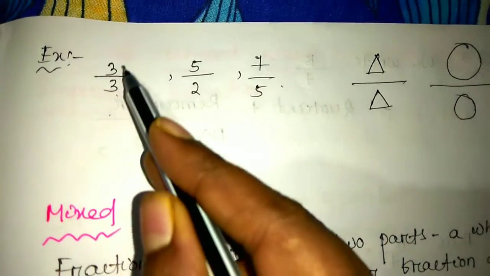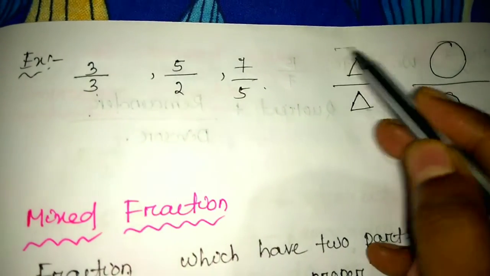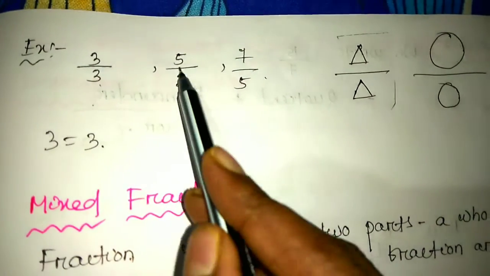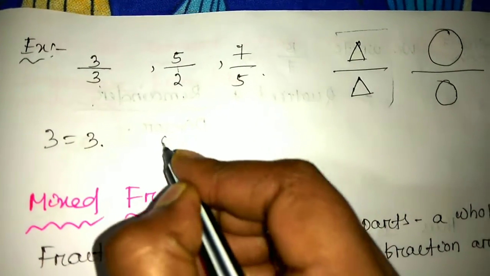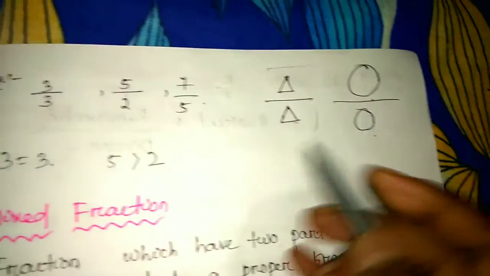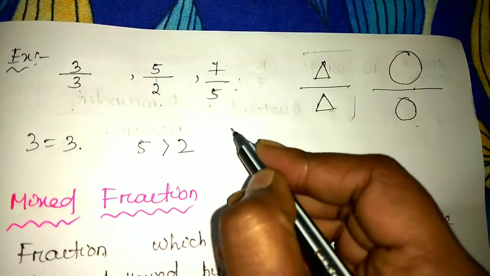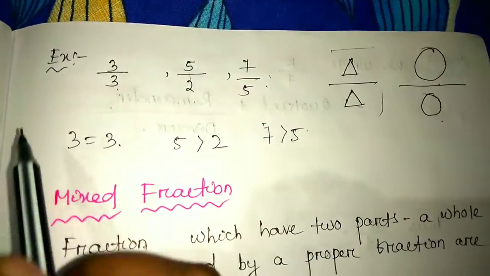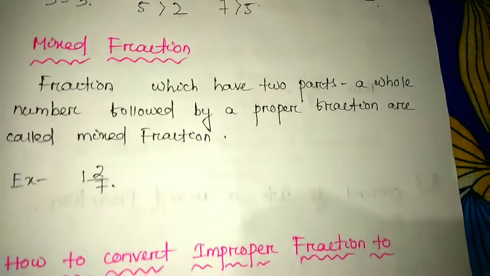The numerator is equal to the denominator. Here 3 is equal to 3. And here 5 by 2, the numerator is greater than the denominator, and also 7 by 5, here 7 is greater than 5. So these are examples of improper fractions.